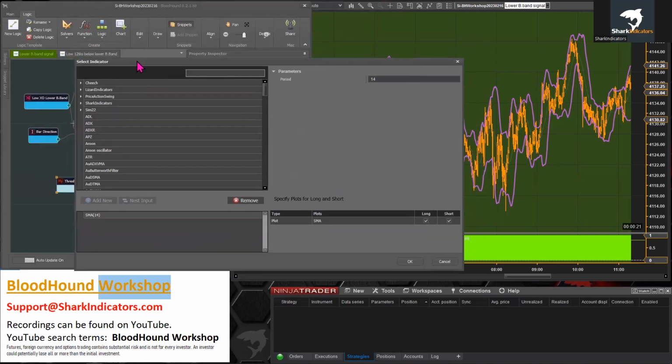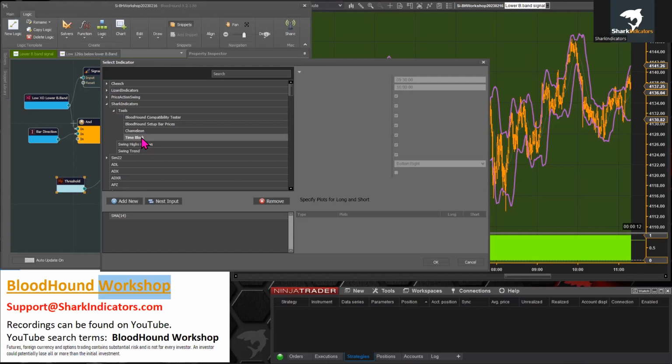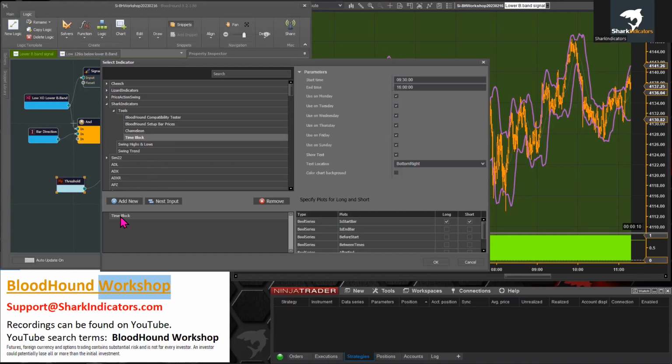In the indicator window here, we're going to go to Tools and load in that time block indicator. Again, this is the old-fashioned way. You can put in your blocks of time and determine what day of the week.